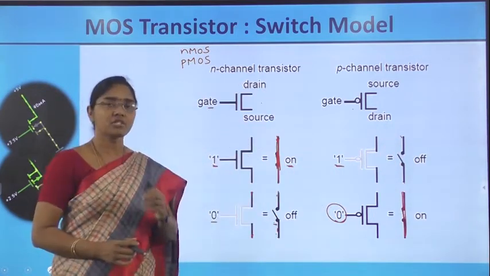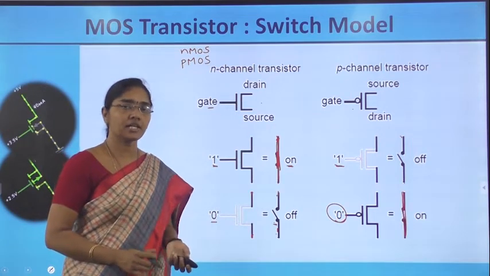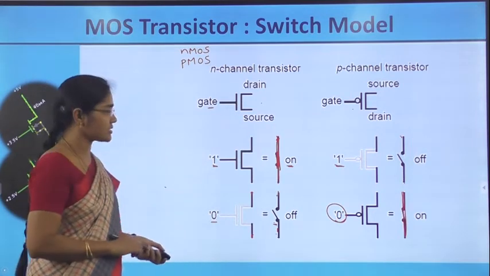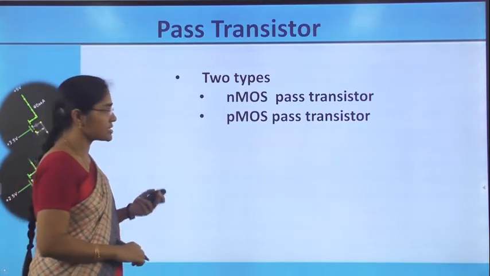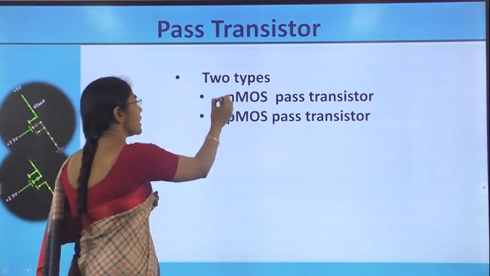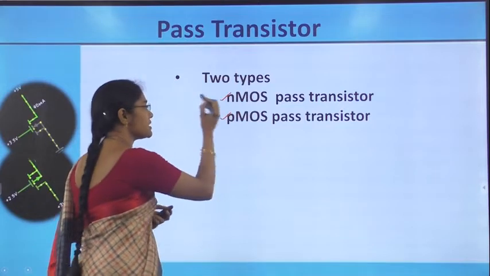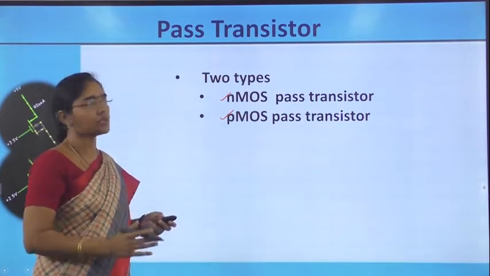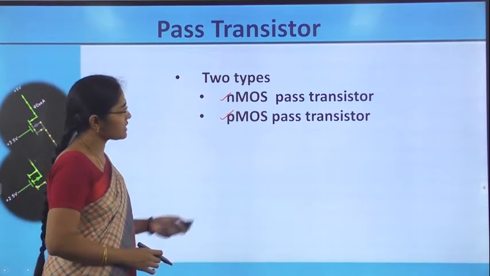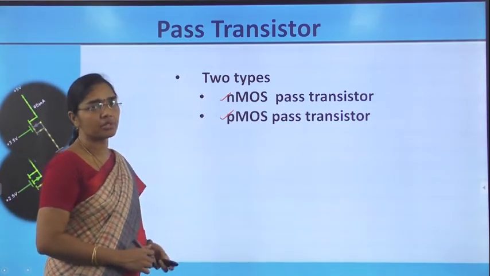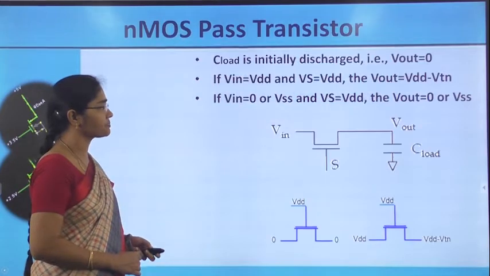So using this switch behavior, the MOS transistor can be used as a pass transistor. Let us see the pass transistor concept and its types. There are two types, NMOS and PMOS, therefore both can be used as pass transistors. So we have the NMOS pass transistor and the PMOS pass transistor.